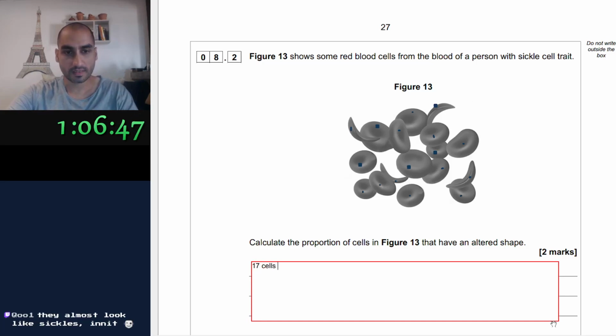17 cells altogether. Now, 1, 2, 3, 4. There's 4 sickles.